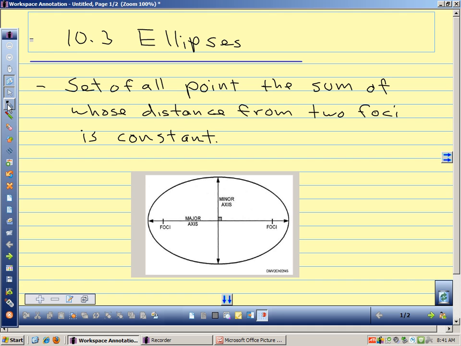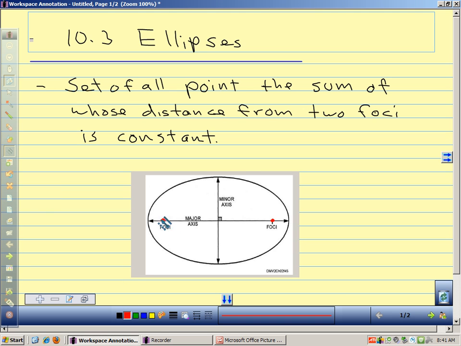And what our definition is telling us is we have one focus here, and we have one focus here. And if we look at a point on the ellipse, and I'll do my point in red, and we go from the ellipse to one focus, and from the ellipse to the other focus, we'll call this D1 and this D2.